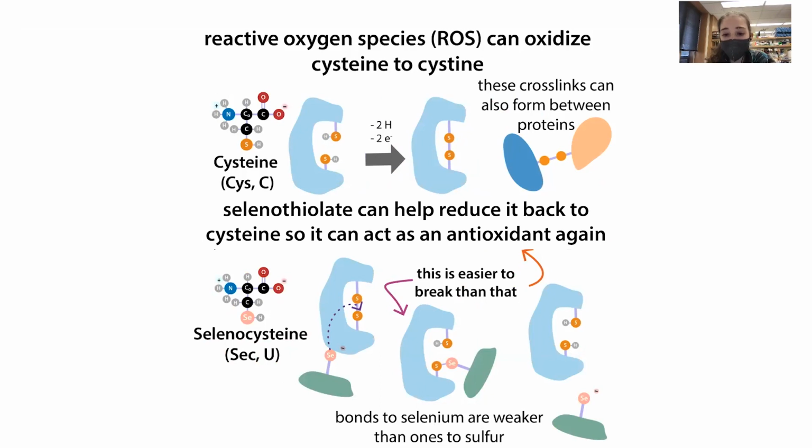One of the places we can see this is by helping reverse damage caused by reactive oxygen species. We'll get more into this, but as we saw when we talked about cysteine, it can get oxidized to form cross links, and sometimes you don't want these cross links, so you need a way to reverse them.